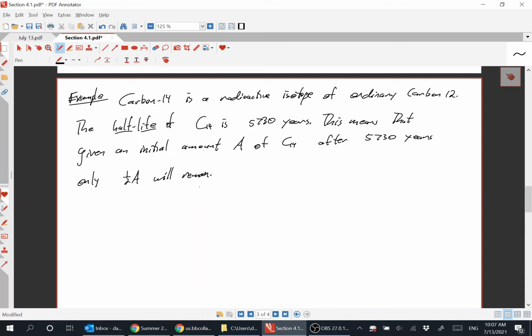All right, after another 5,730 years, half of this half will remain. Half of A, which is 1/4 A, will remain.